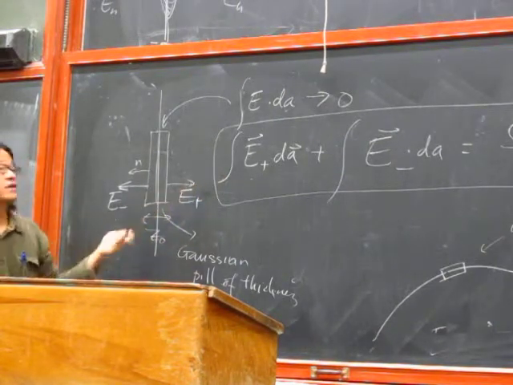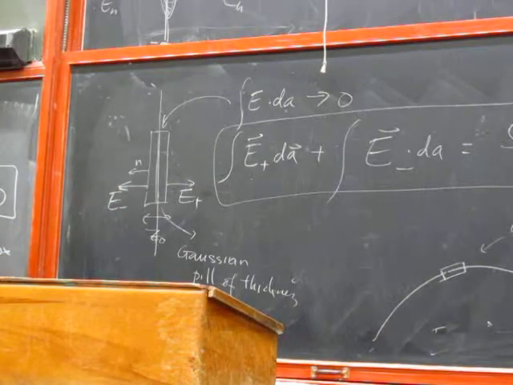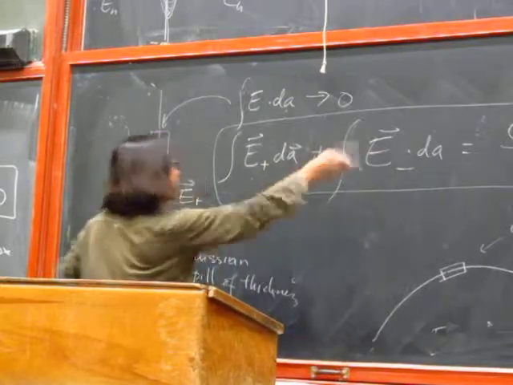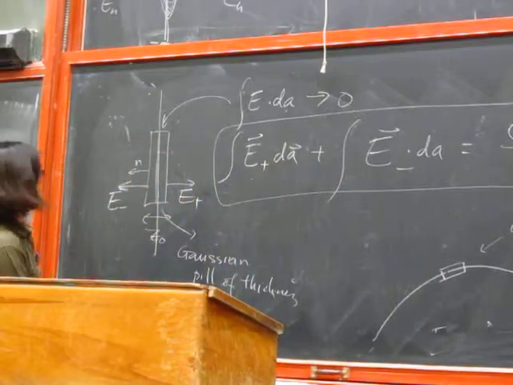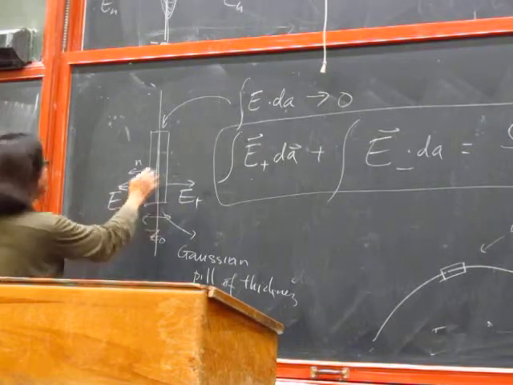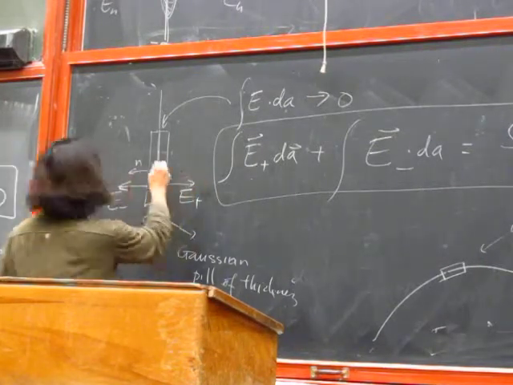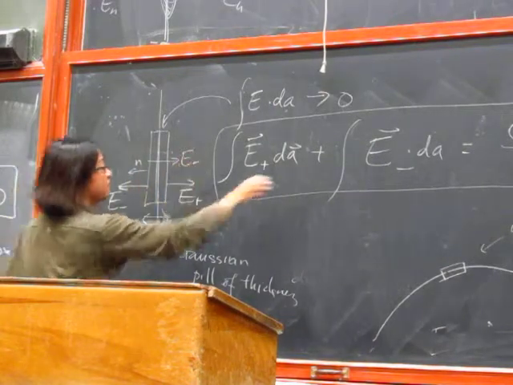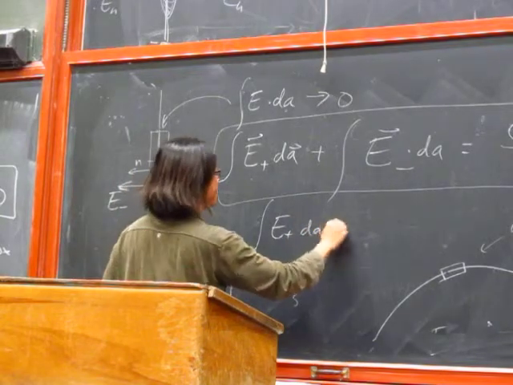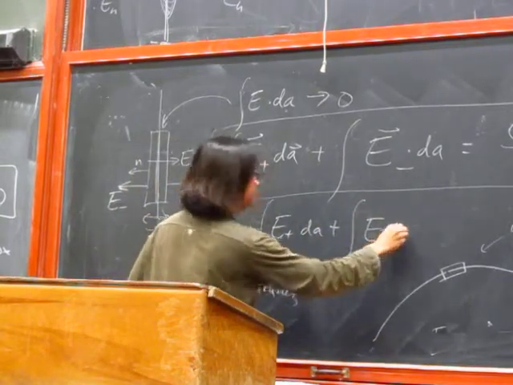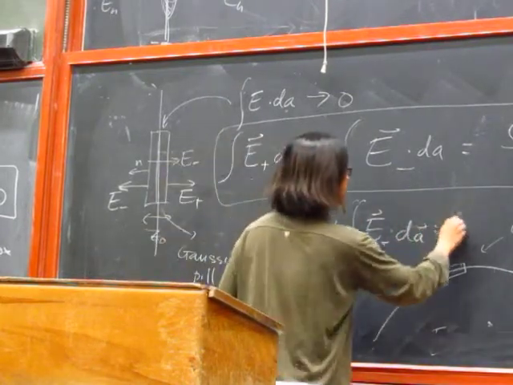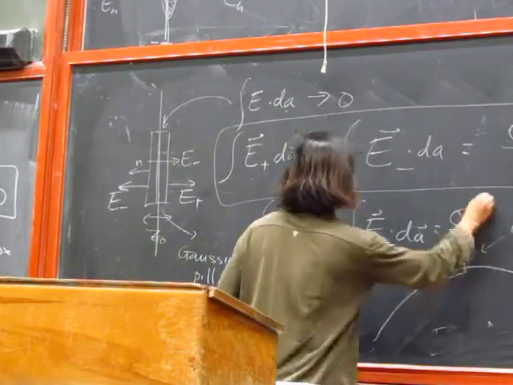Just to be more consistent, I don't like defining the direction of the electric field separately. So I can write this with a convention that E minus is in this direction, and I have an integral of E plus dA plus an integral of E minus dA, which has to be equal to sigma A over epsilon naught.